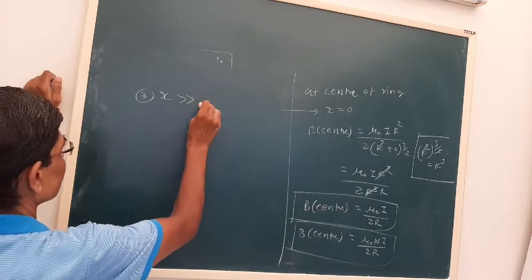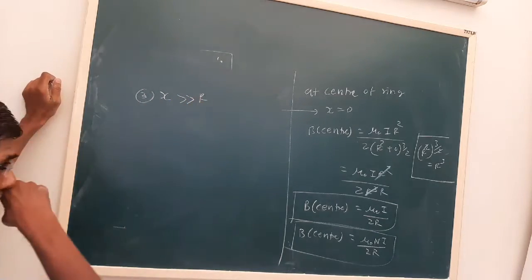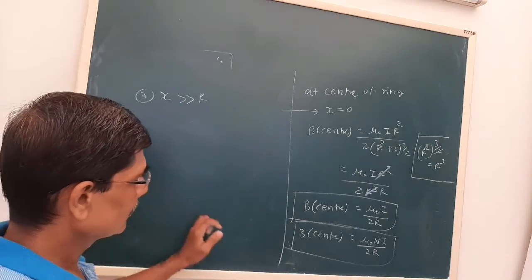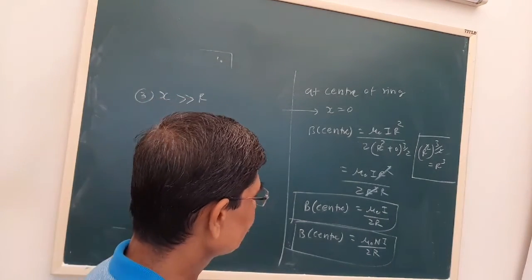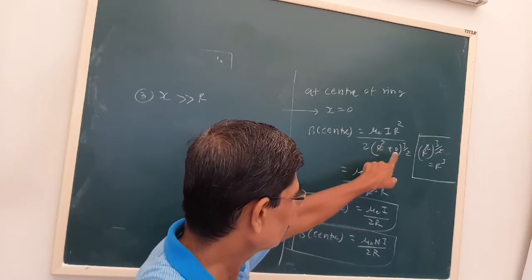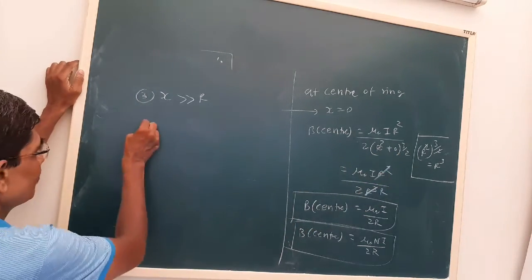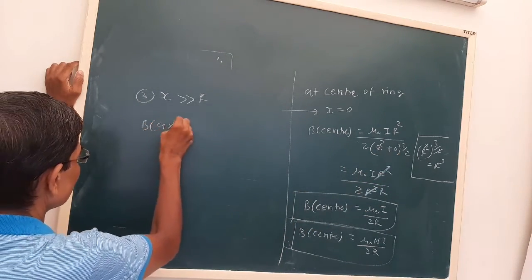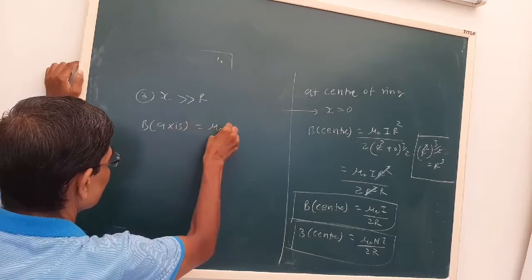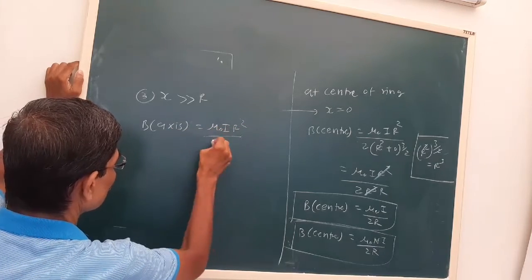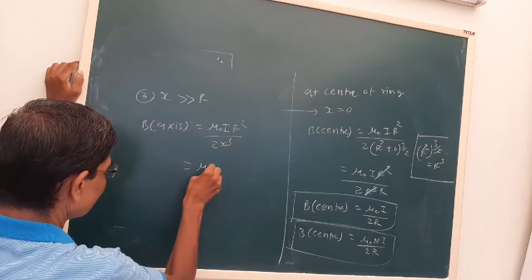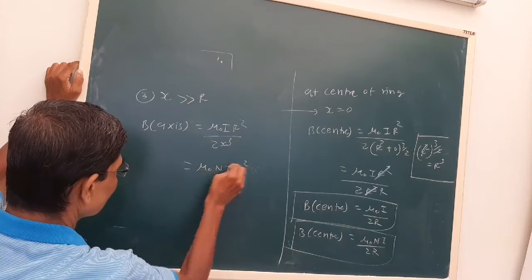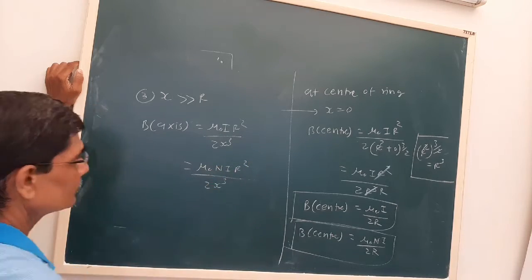Now see the next case, when x is very large compared to R. So here R will become negligible and x will be there. So B axis will be mu0 I R squared upon 2 x cube, or simply mu0 n I R squared upon 2 x cube for n turns.